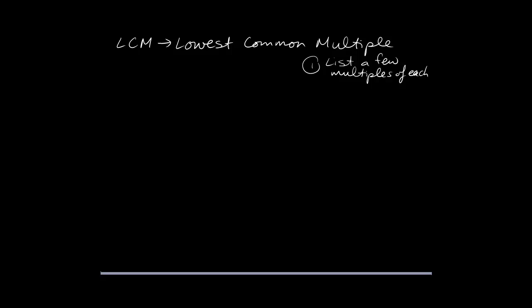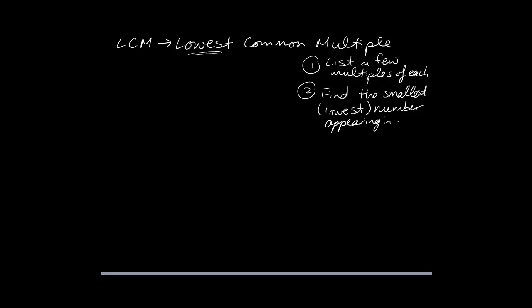So this time obviously we're going to be looking for multiples, and we'll be looking for not just the common ones but the lowest one. So here step 2 will be to find the smallest or lowest number appearing in all lists.